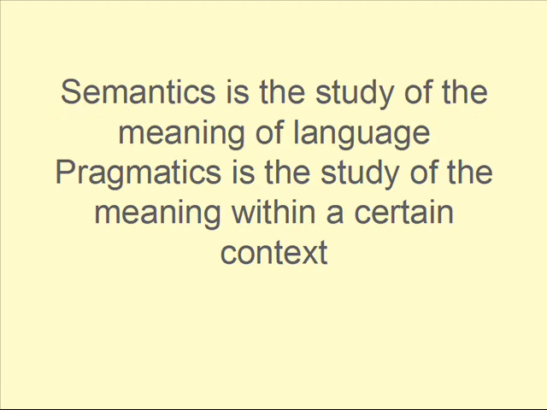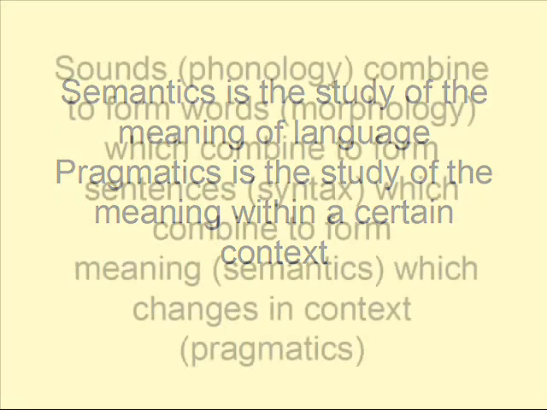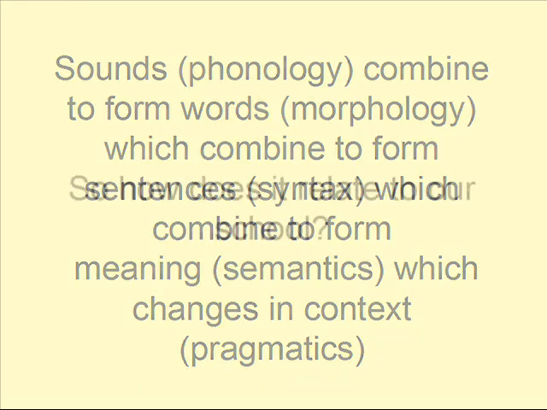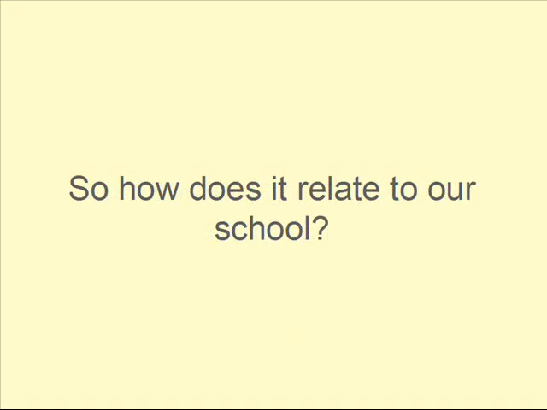Semantics is the study of the meaning of language, while pragmatics is the study of the meaning within the context of the language. So, sounds, or phonology, combine to form words, morphology, which combine to form sentences, syntax, which combine to form meaning, semantics, which change in context, pragmatics.